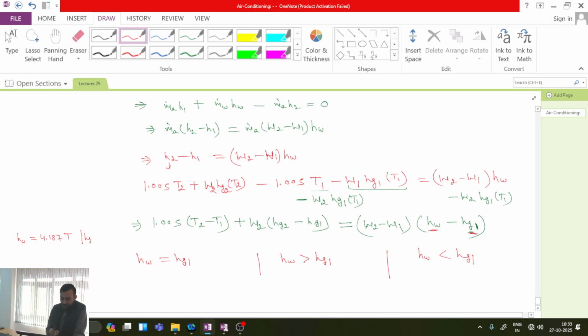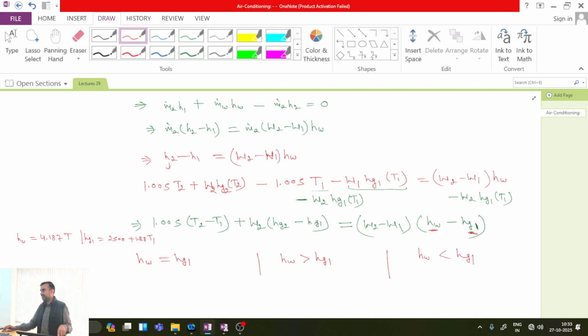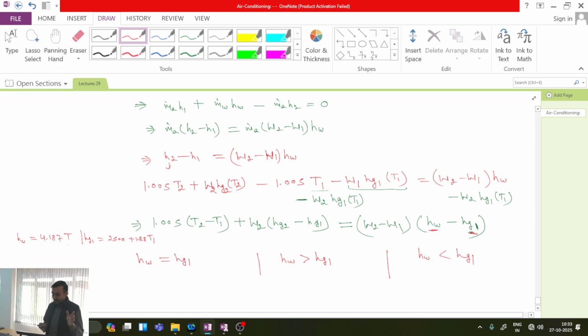Hg1 is typically 2500 plus 1.88 into T1. Now, whatever be the water temperature, of course, in the range of 0 to 50 degrees Celsius, 4.187 T will always be less than Hg1. Okay. So if I simply add water, then I will be having the scenario HW is less than Hg.